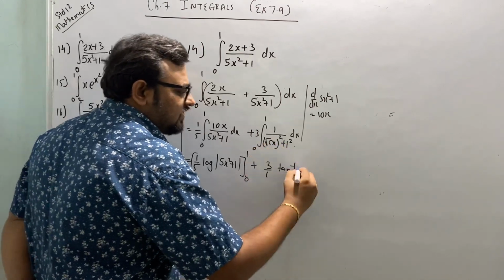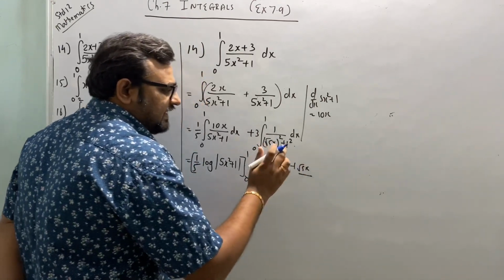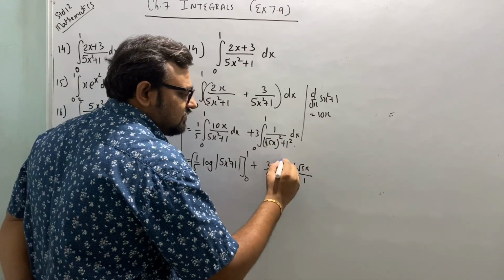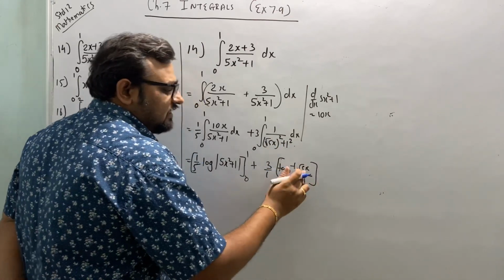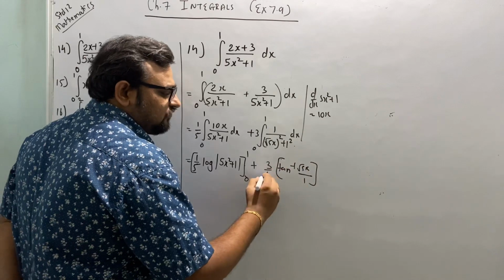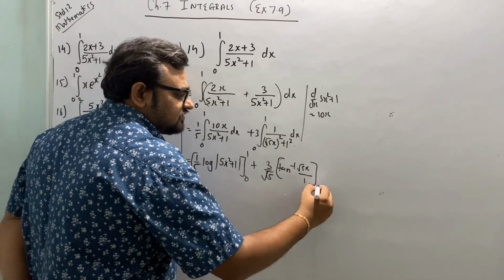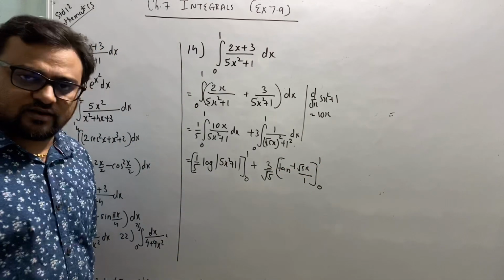What is x here? Root 5 x, and a is 1. As x is multiplied by root 5, I will put it here, from 0 to 1.